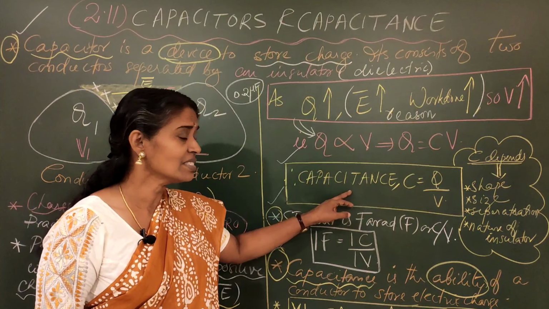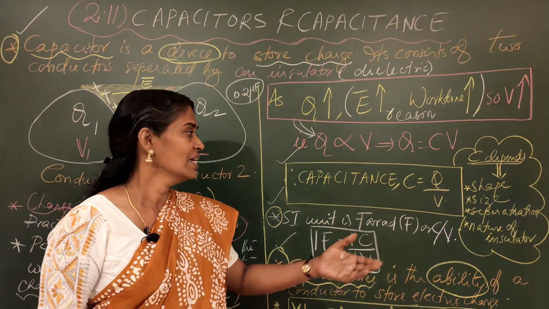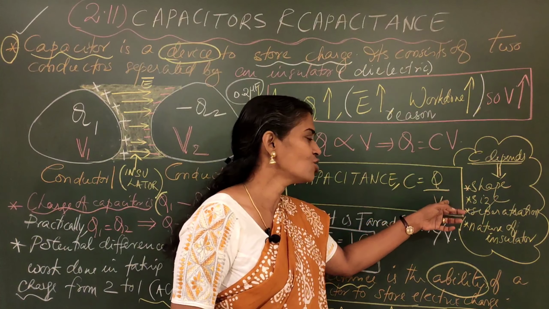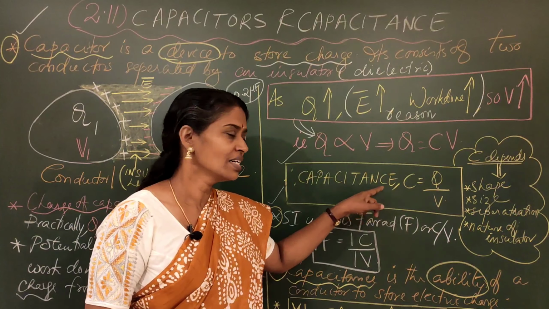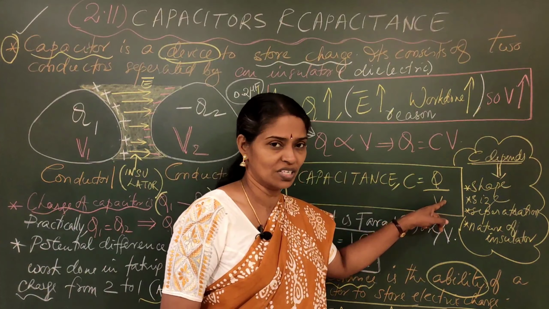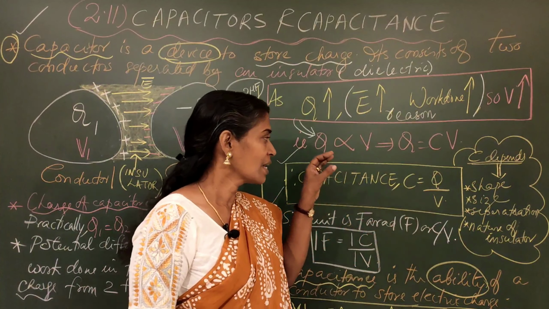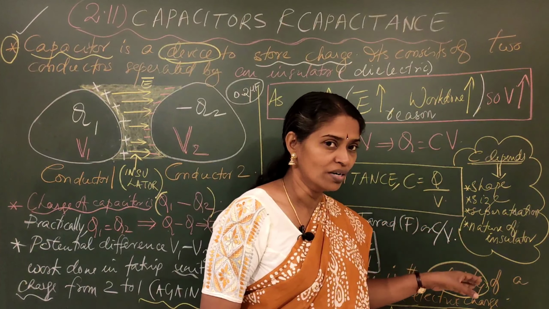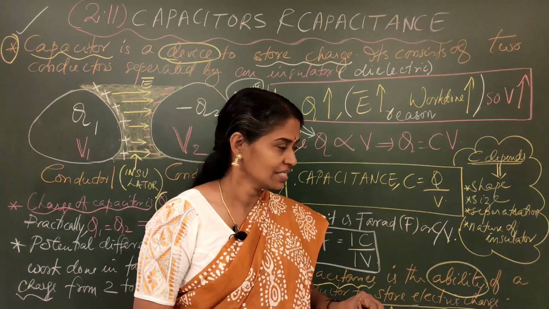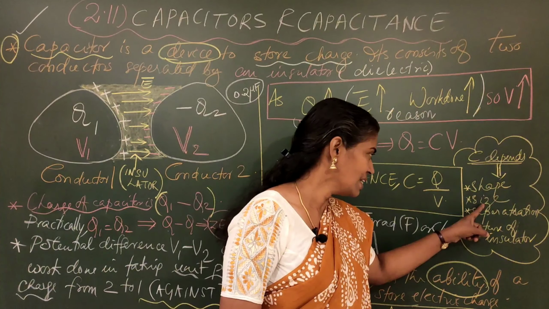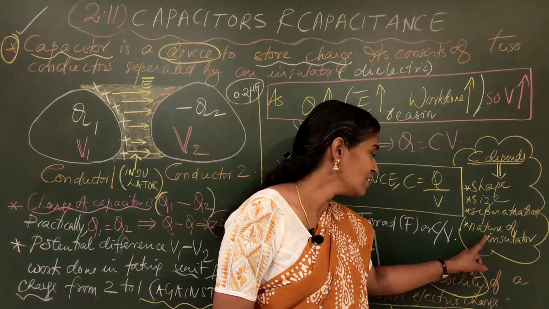So capacitance is also defined as the ratio of charge to potential. And the capacitance depends not on Q or V, but on shape, size, separation, and nature of the insulator.